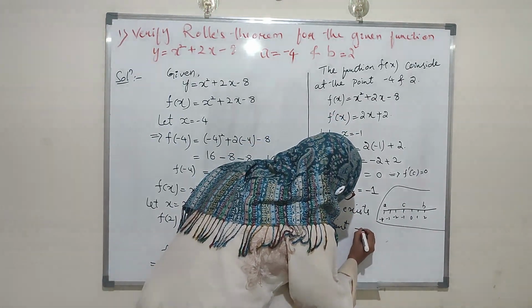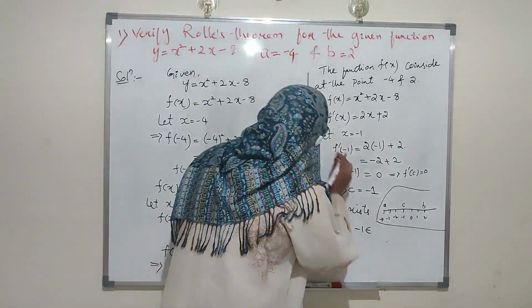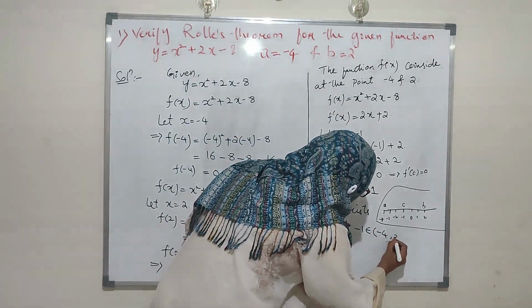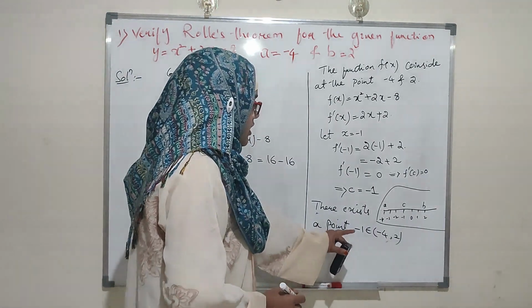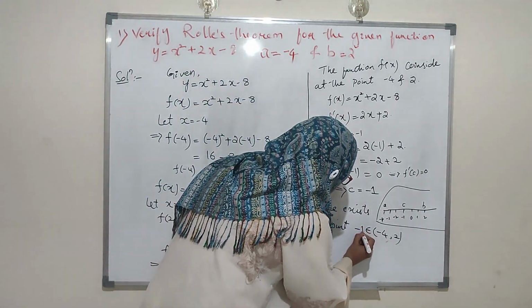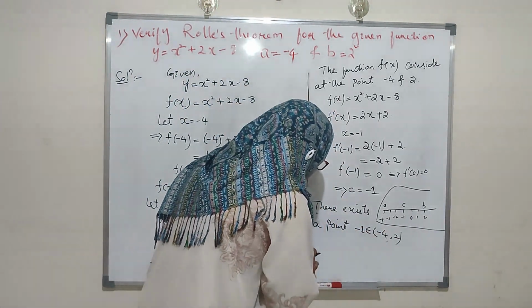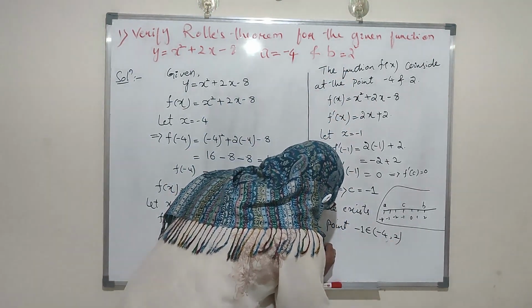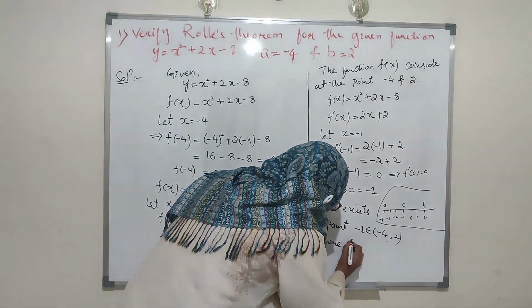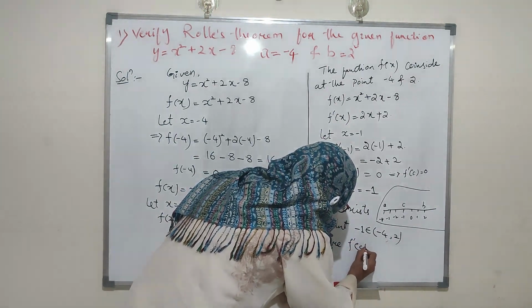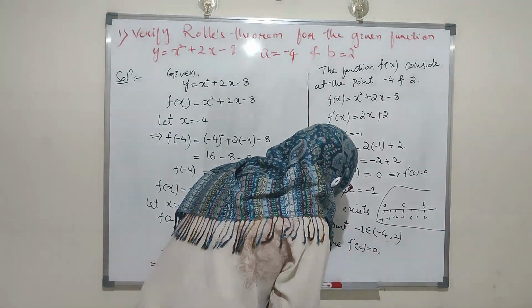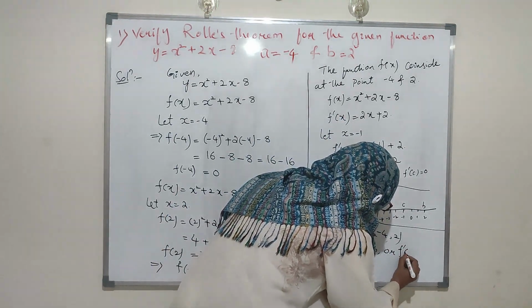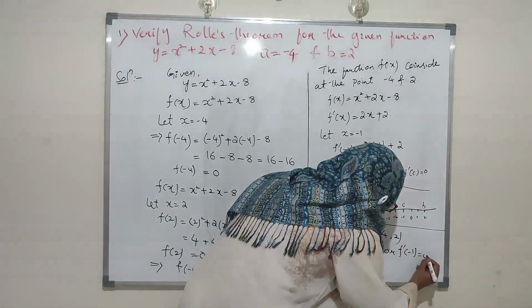Now we got the value minus 1, which belongs to (minus 4, 2), where A is minus 4 and B is 2. There is a point minus 1 belonging to minus 4 and 2 where f dash of c equal to 0, or we can say f dash of minus 1 equal to 0, hence proved. Okay.